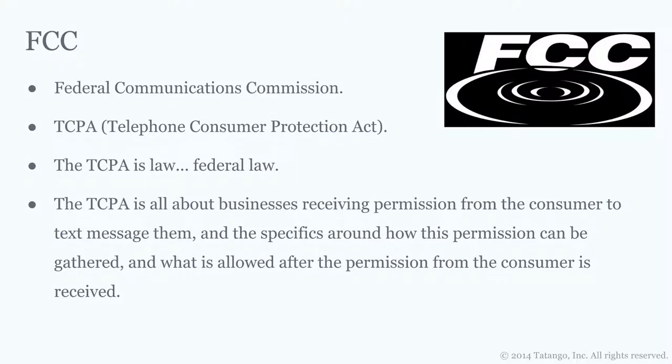So as mentioned in the slide before, another regulatory body for text messaging is the FCC, which is the Federal Communications Commission. They have a thing called the TCPA, or the Telephone Consumer Protection Act. The Telephone Consumer Protection Act is actually federal law.